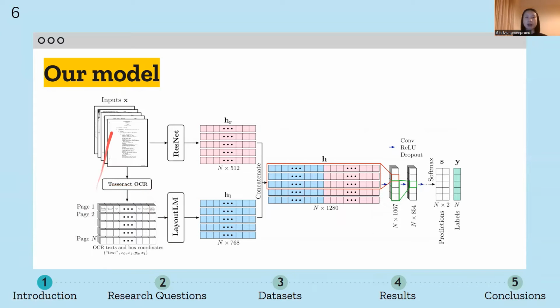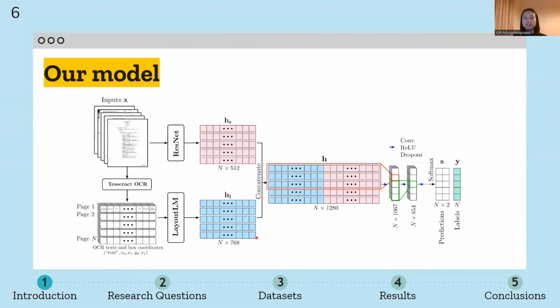The images are input to the ResNet model to extract visual embeddings, depicted by the pink array here, while the text and layouts from the OCR are input into the layout element model to extract textual embeddings, which is a blue array here.